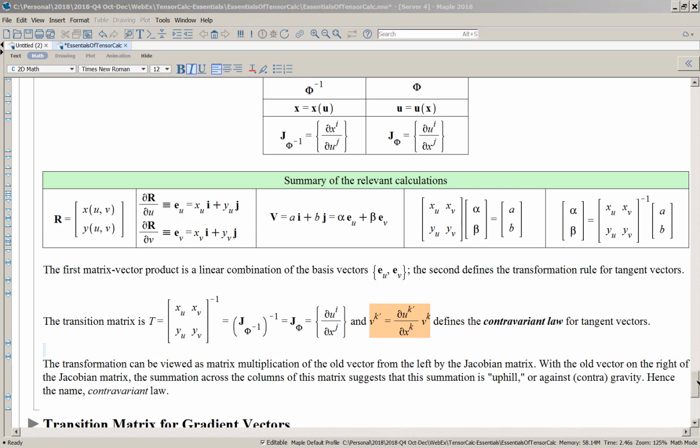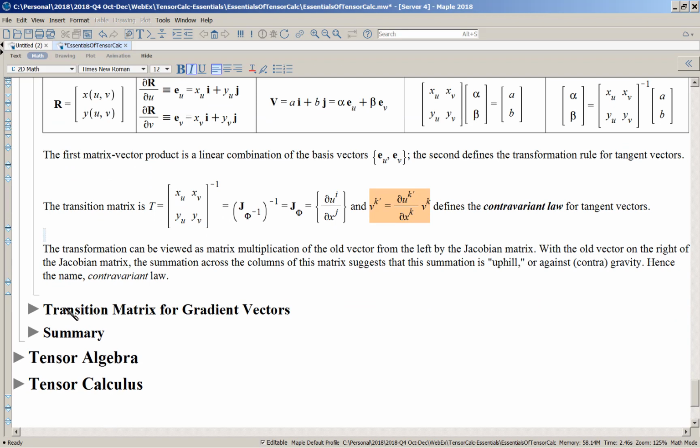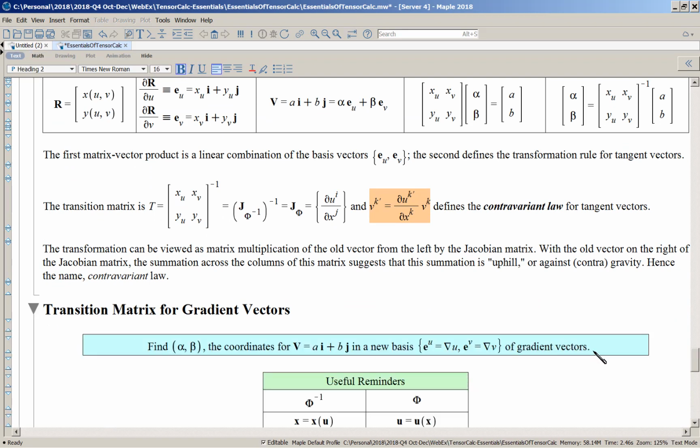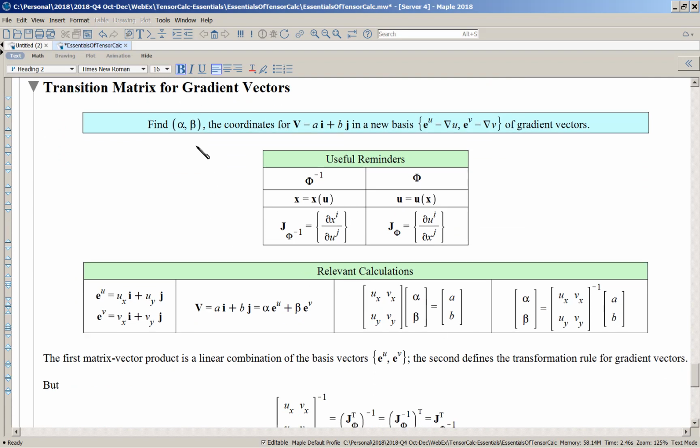Well, clearly, now we want to look at the transition matrix or the transformation law for gradient vectors. And so we'll pose the question the same way. What are the coordinates, alpha, beta, for a vector, ai plus bj, in a new basis of gradient vectors?